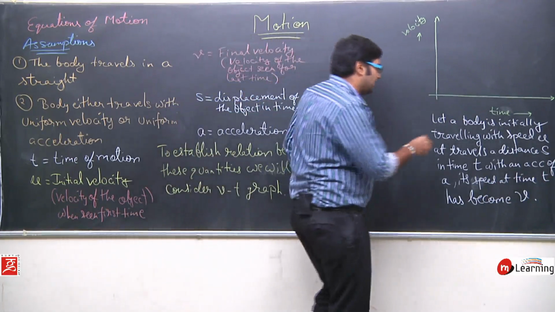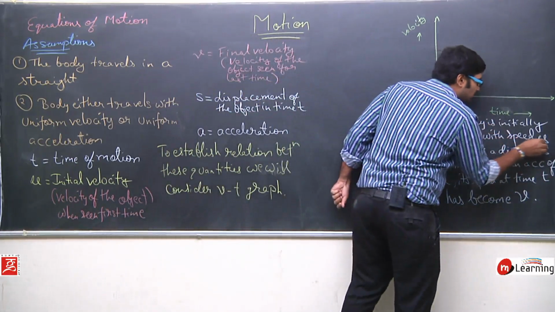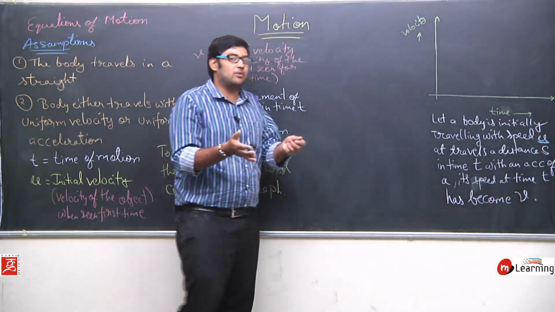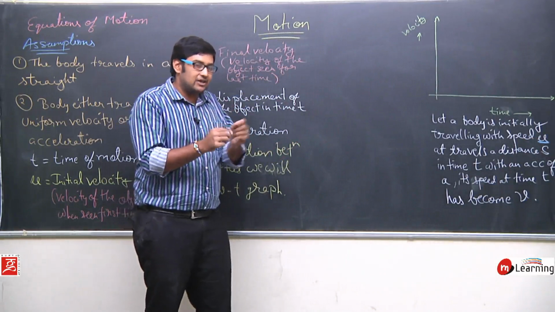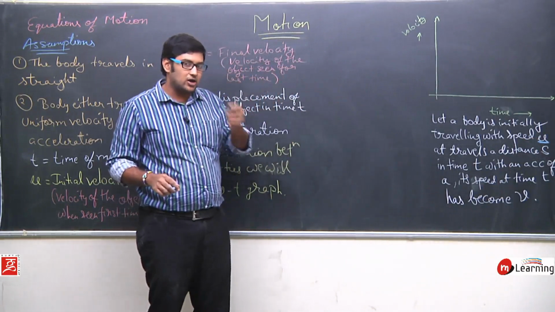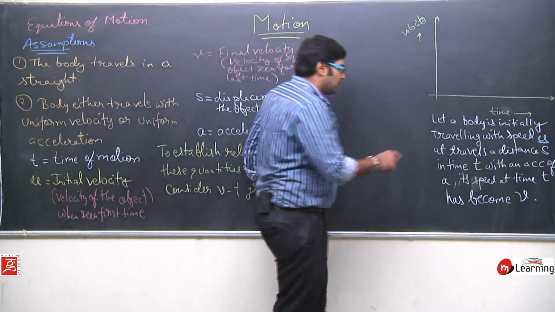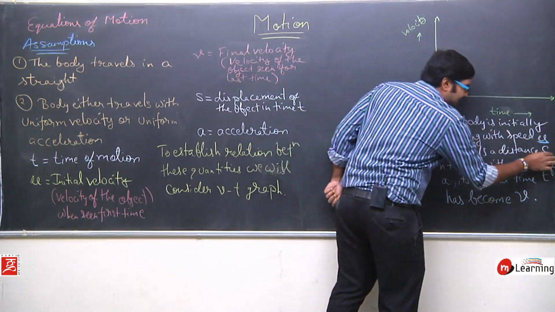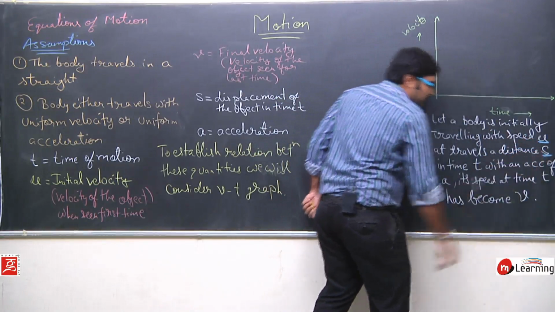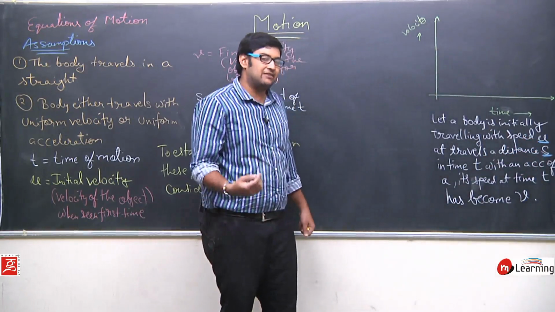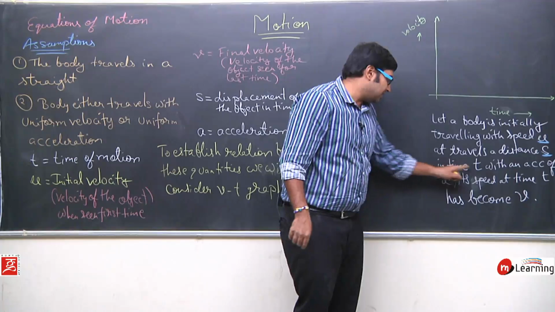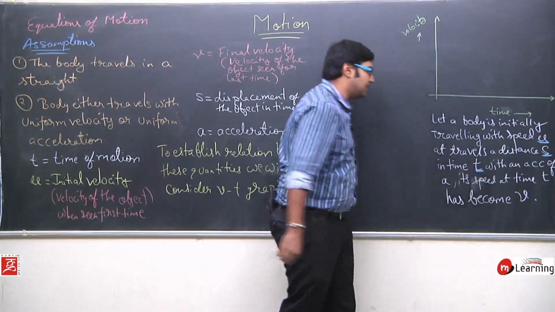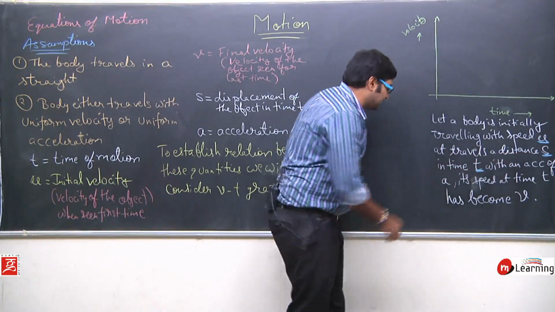So consider the situation. A body is initially traveling with the speed u. That means when I first saw the body, it was already traveling with the speed u. It was not at rest. It travels a distance s in the time interval t with an acceleration a.